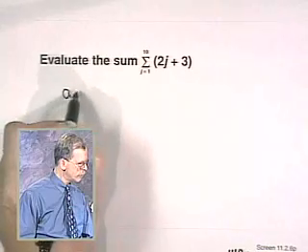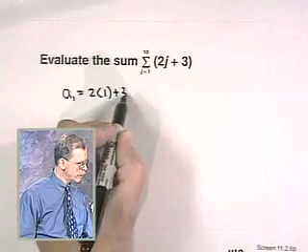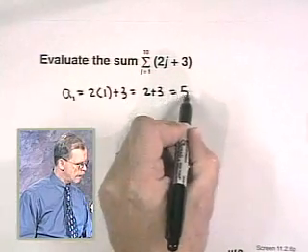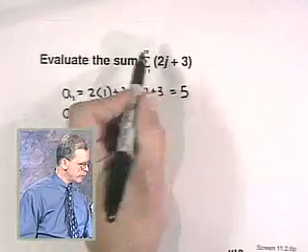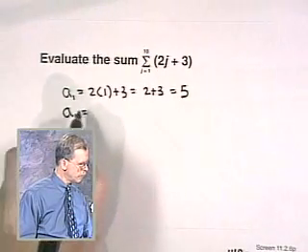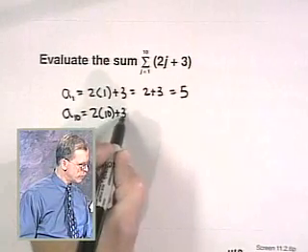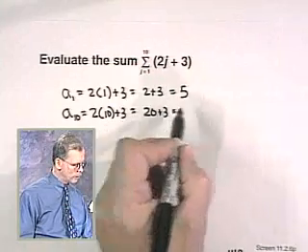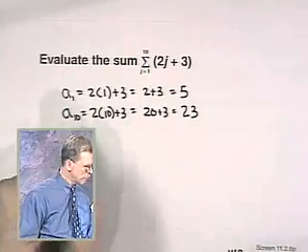So our first term will be 2 times 1 plus 3 equals 2 plus 3, which is 5. A sub n in our case is a sub 10, and so we'll get 2 times 10 plus 3, which is 20 plus 3, or 23. Now we'll apply our formula.